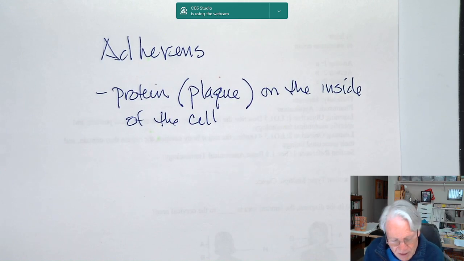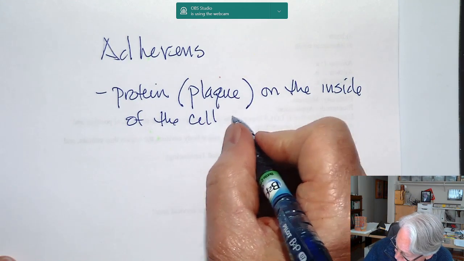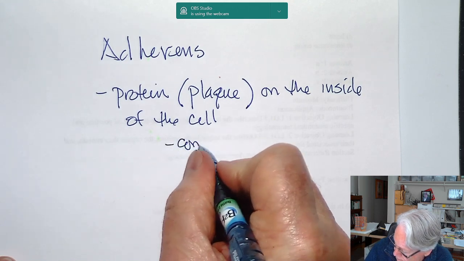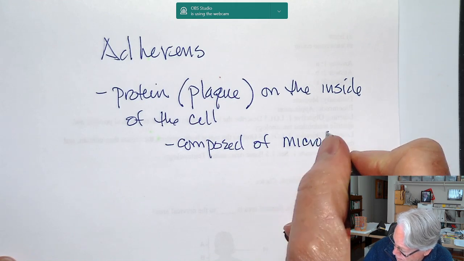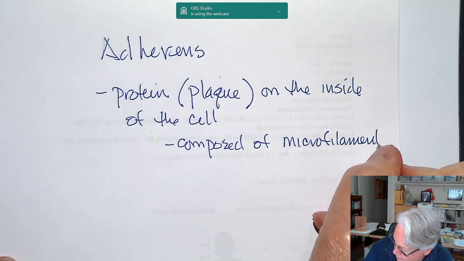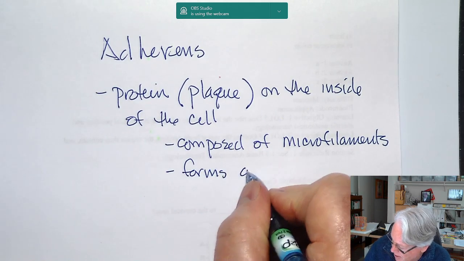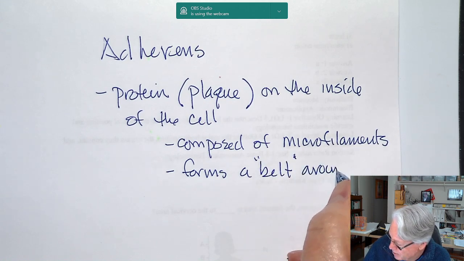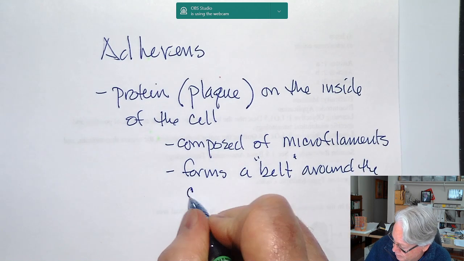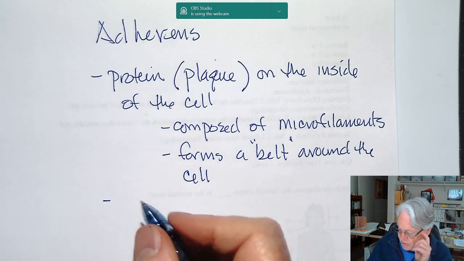This is going to be composed of microfilaments, and it forms a belt around the cell. And then the next component are the transmembrane proteins.